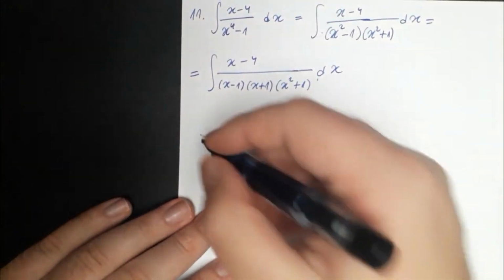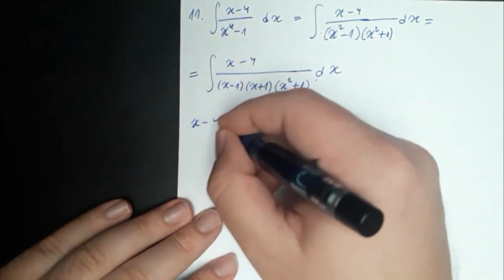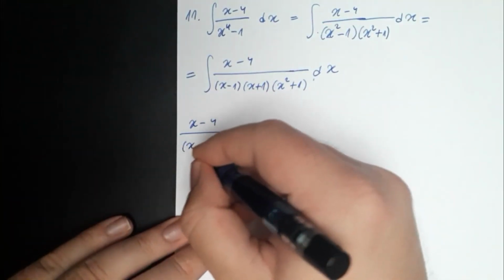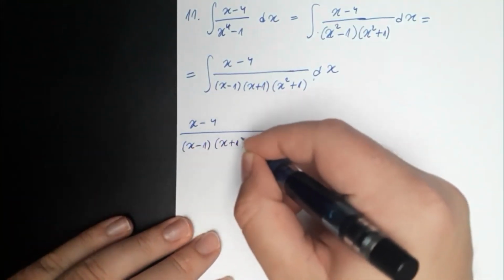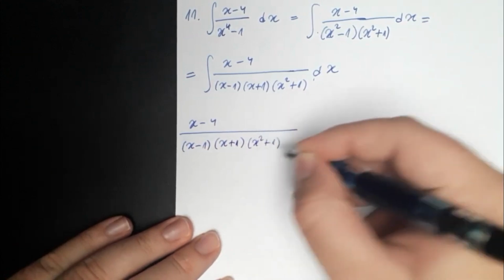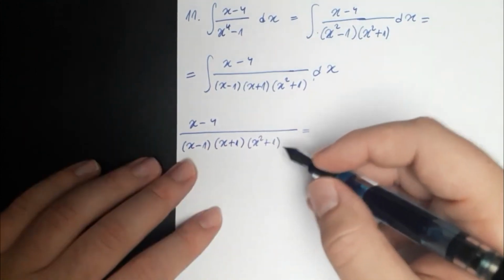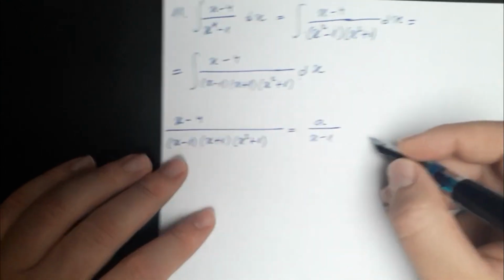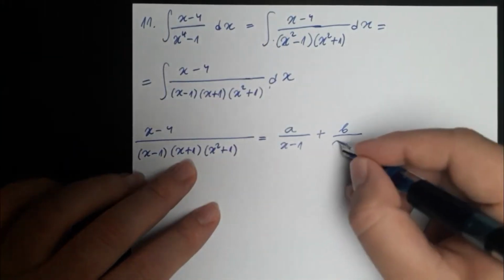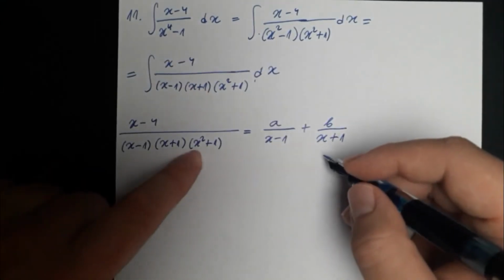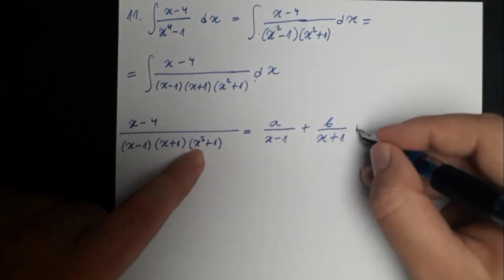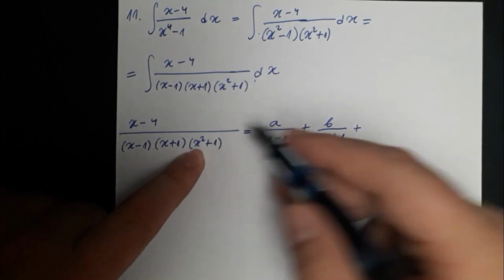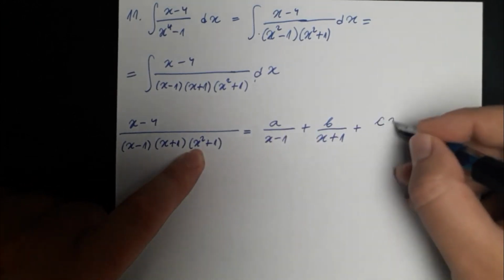And when we have a situation like this, x minus 4 divided by x minus 1, x plus 1, x squared plus 1, we are going to factor this out, so it is A divided by x minus 1 plus B divided by x plus 1, and this is x squared. So we have to have a linear function in the numerator.